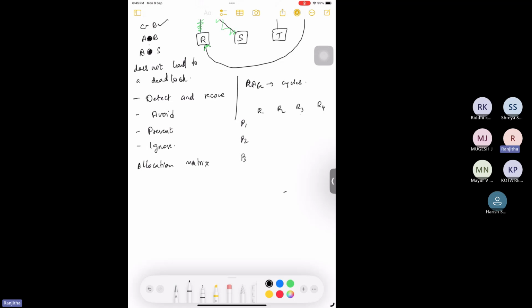The allocation matrix will tell how much of R1 is allotted to P1, how many R2 are allotted to P1. This row will tell P1's allocation, this will tell P2's allocation, and this will tell P3's, how many resources are given. If you see it column-wise, it will tell R1's allocation: how many R1 are given to P1, how many R1 are given to P2, and how many R1 are given to P3.